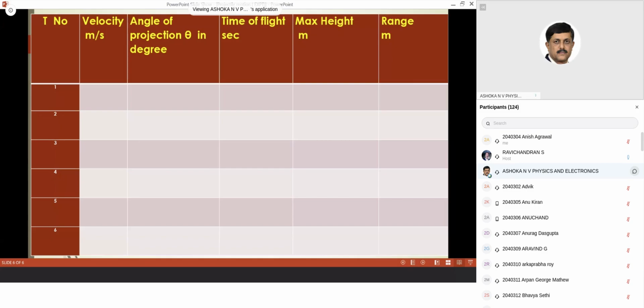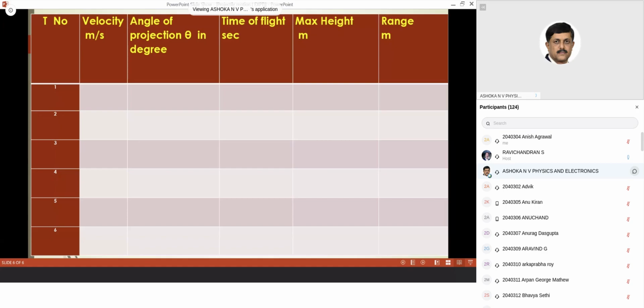So you can have a tabular column like this: trial number, velocity of the projectile, angle of projection in degrees, time of flight in seconds, the maximum height, and horizontal range. Time of flight will be given in the simulator itself. Only the maximum height and range you have to calculate.